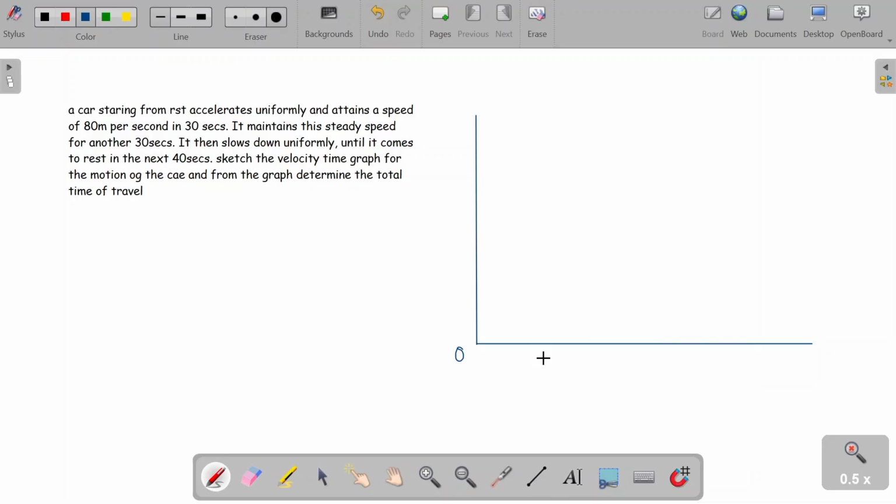So he attains a speed of 80 meters per second. Remember, this side is the velocity. Whenever you're drawing a graph, you write it here, velocity, especially in physics. Then there are also graphs in math. You know what? Let me clean this off and use a text bar. This is velocity in meters per second.